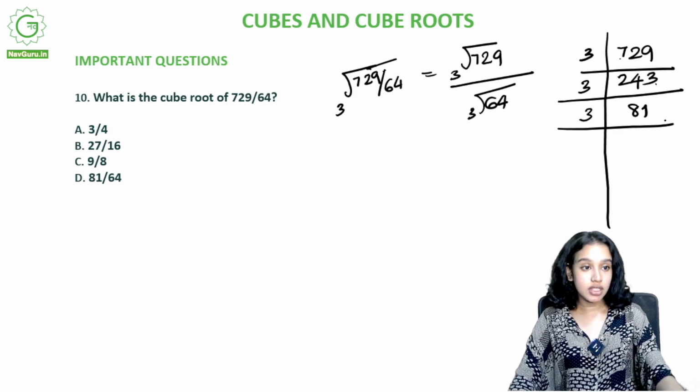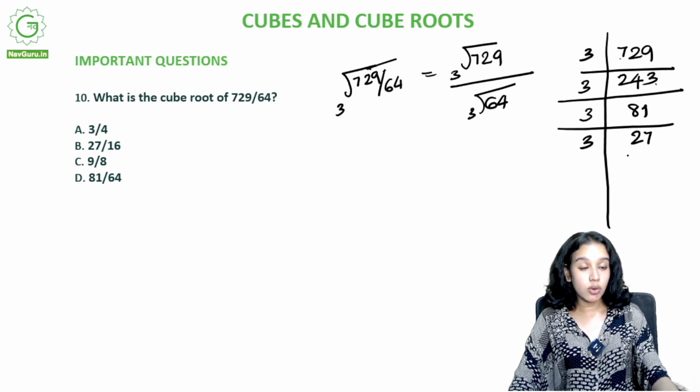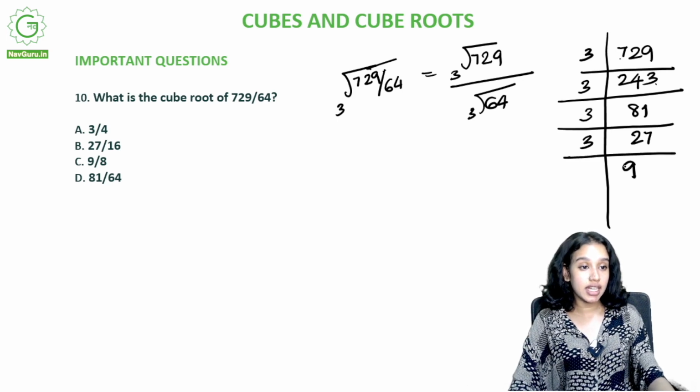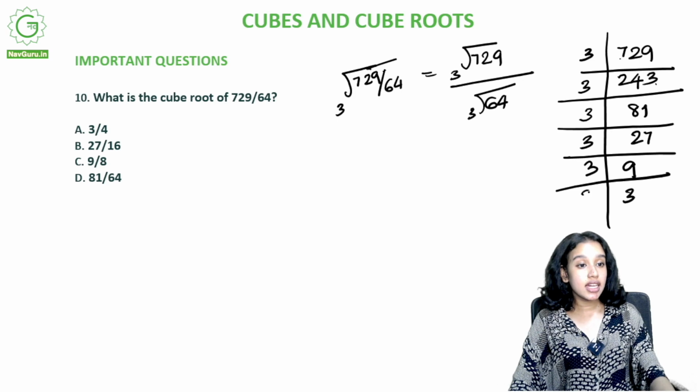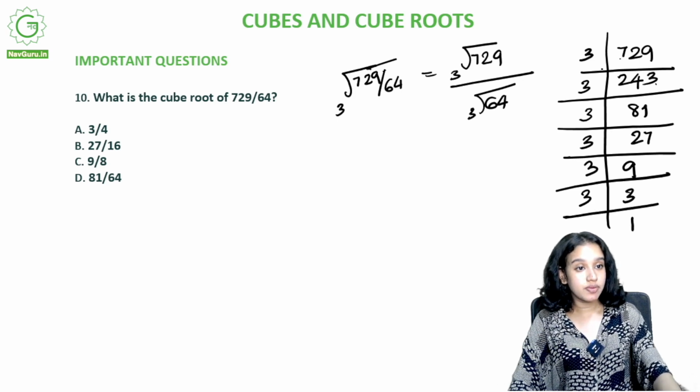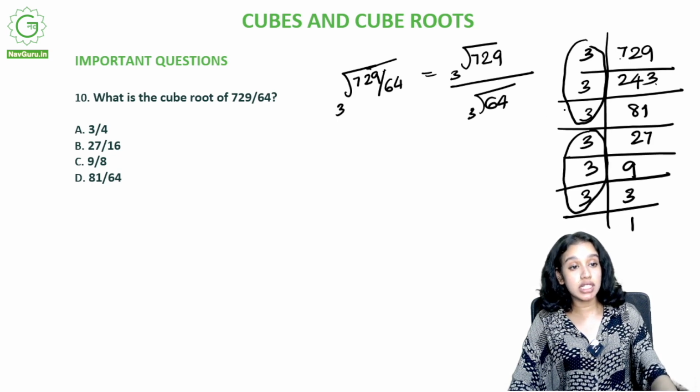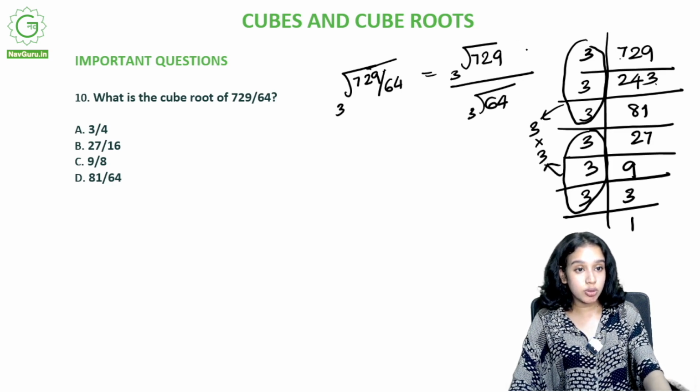So 3, 2 3s is 6, 2 balance, 21, 7 3s are 21. Now again dividing by 3 we get 9 and again dividing it by 3 we get 3, again dividing it by 3 we get 1. So we get a group of 2 3s, that is 3 into 3. So we know that cube root of 729 is 9.